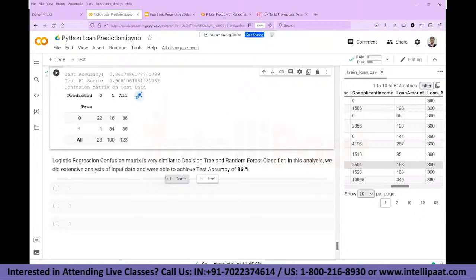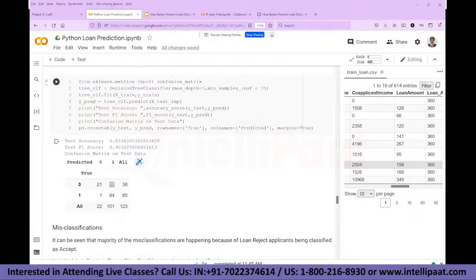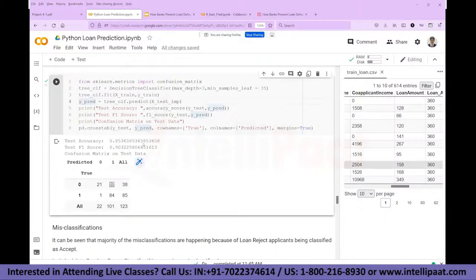In this case, I can use this Y pred value. My predicted value will contain all my loan predicted values. Here I only test the accuracies. How do I test the accuracy? There's a predicted value only. So Y prediction will give me the predicted value of the loan for the test data set.